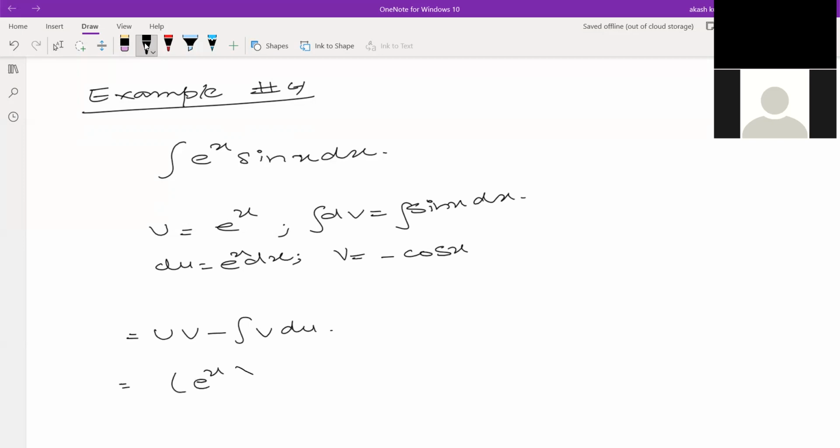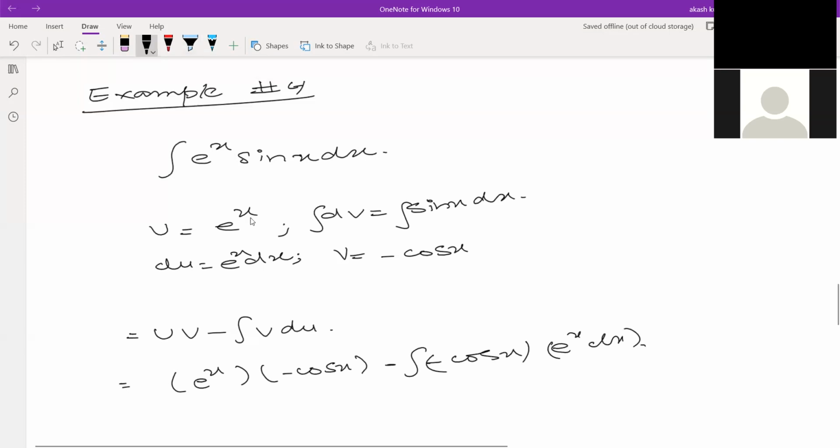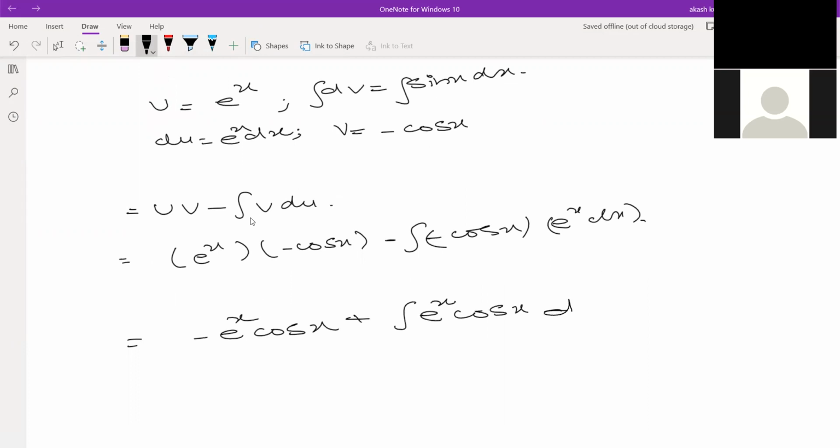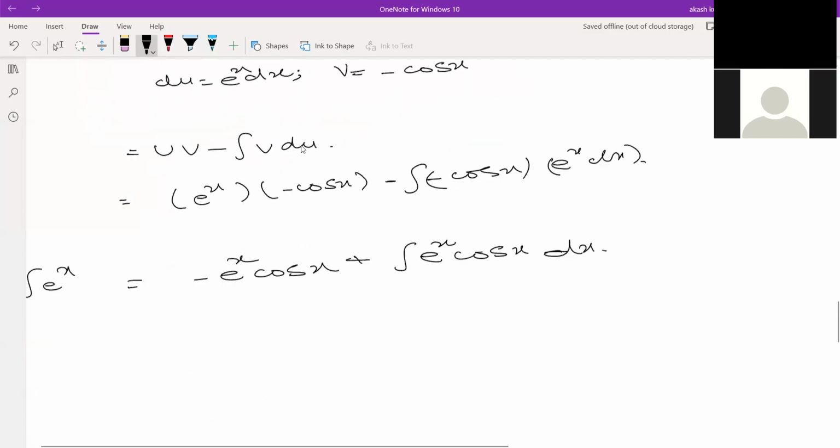U is e^x, v is minus cos x, minus integral of v, which is minus cos x, and du, which is e^x dx. So it is minus e^x cos x, minus minus becomes plus, integral of e^x cos x dx. And here we have e^x sin x dx.